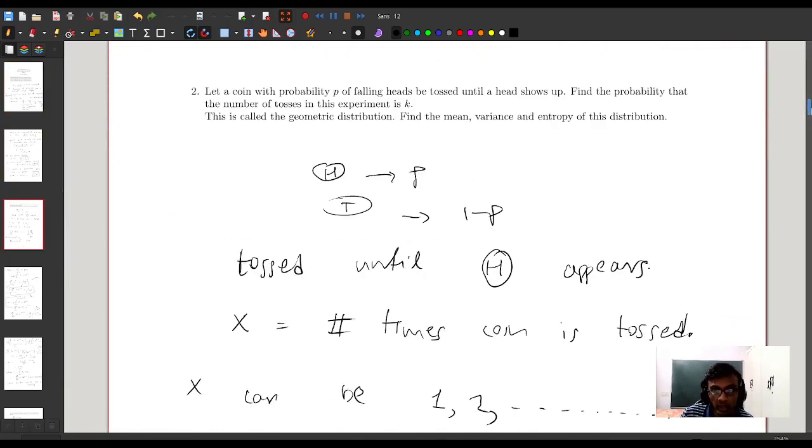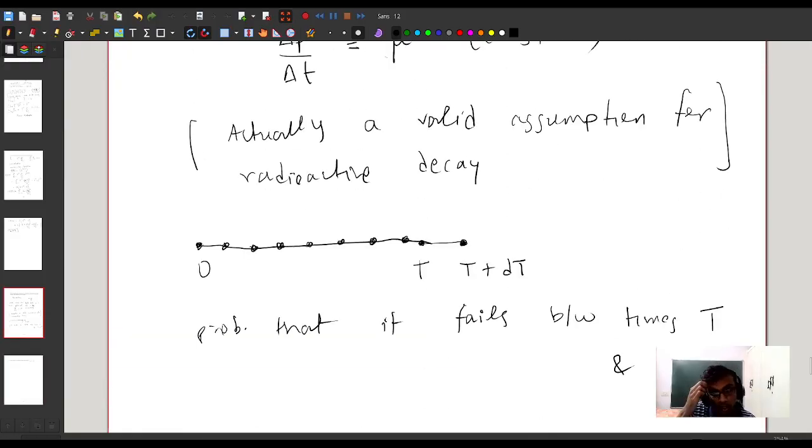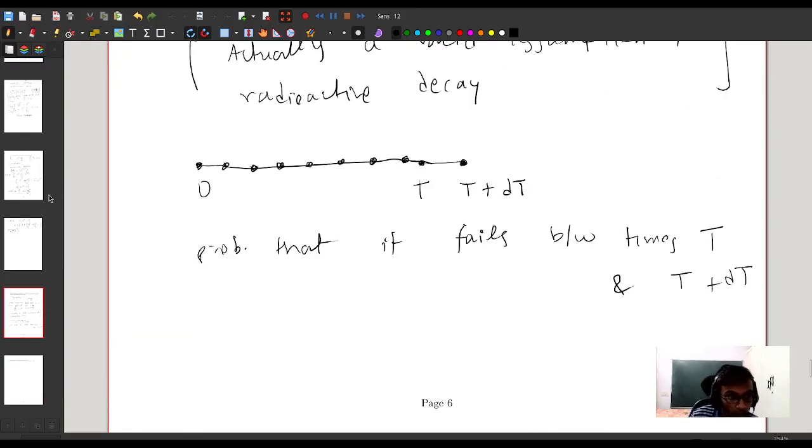So we have two possible outcomes in each of these intervals, and what we're trying to find here is the probability that the bulb fails between the times t and t plus dt.